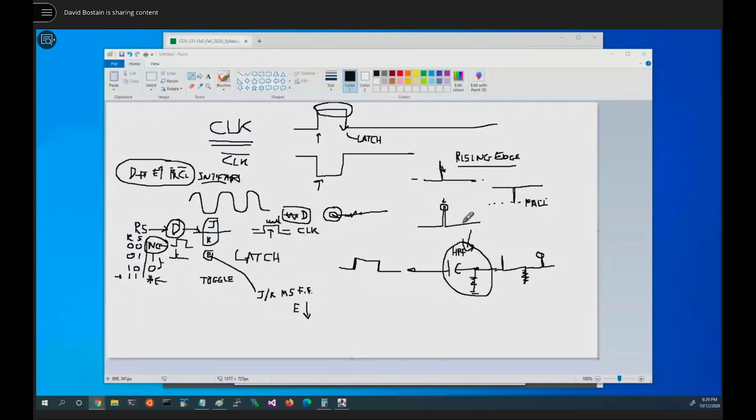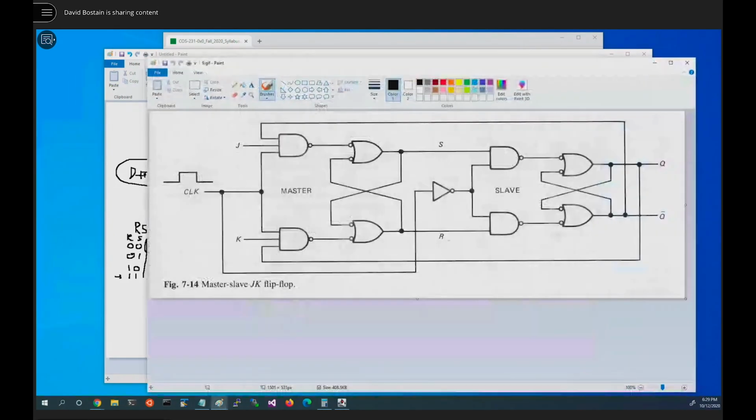Now the JK that we were talking about, let me find him, looks like this. We have coming into the main clock signal a rectangular signal.